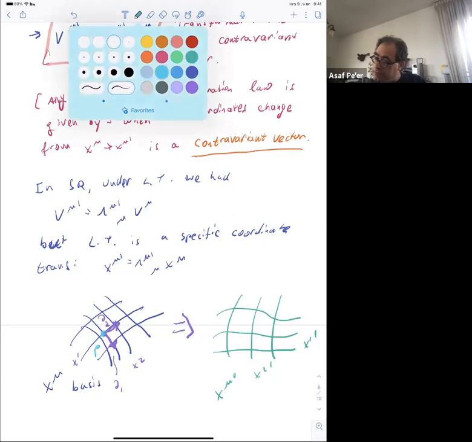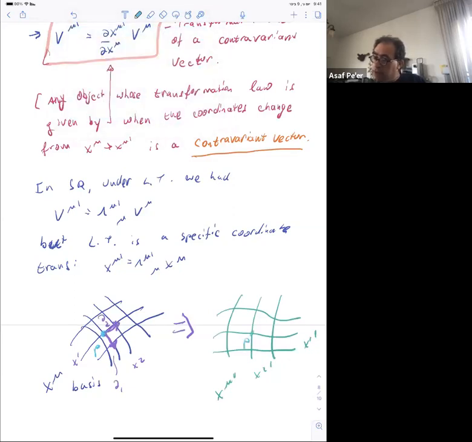Point P is not changed, but now the new components would be ∂1 prime and ∂2 prime. So when we're changing the coordinates, we're really changing the basis, and we're changing the components of the vector, or tensor, of course.